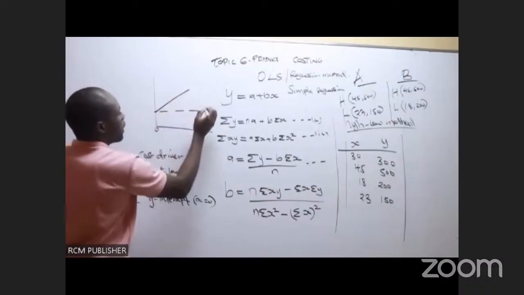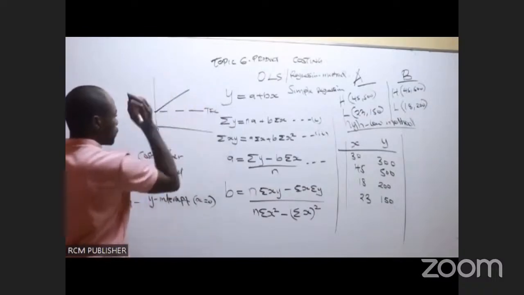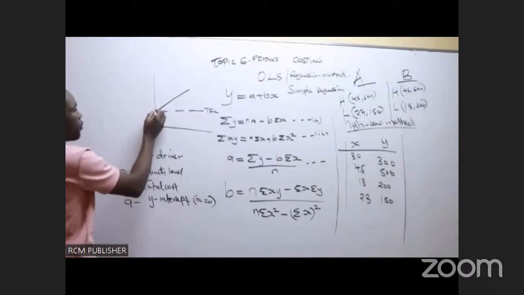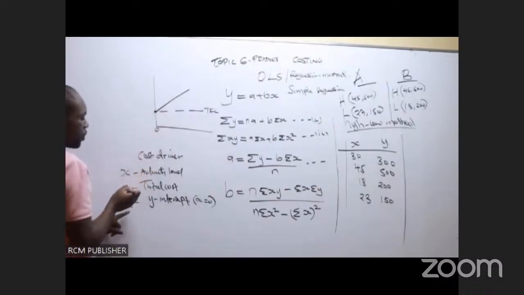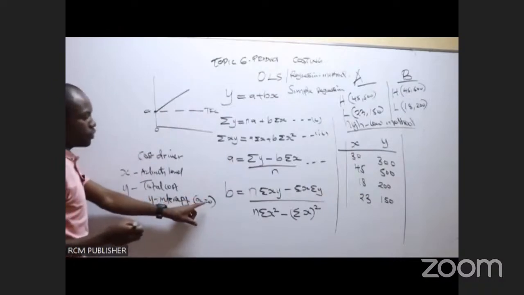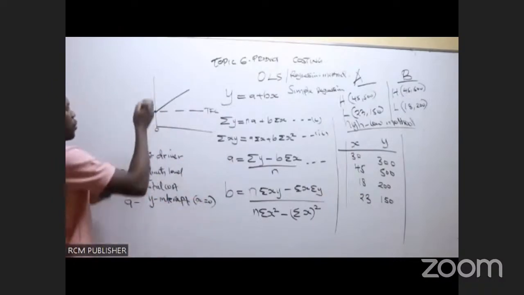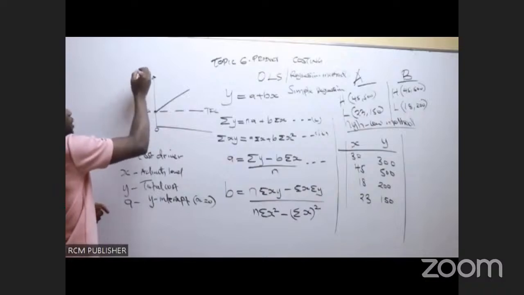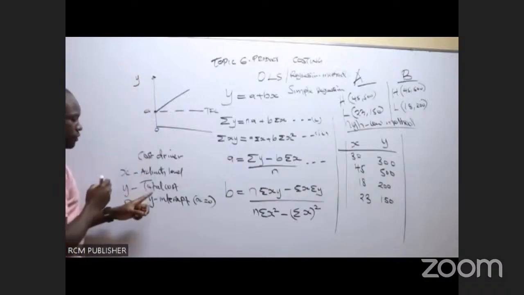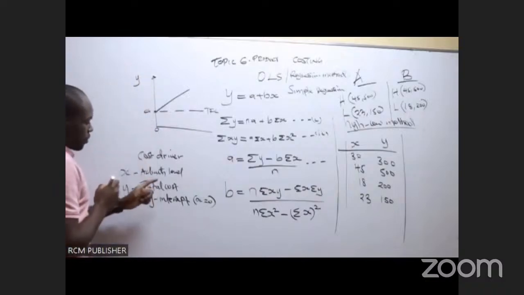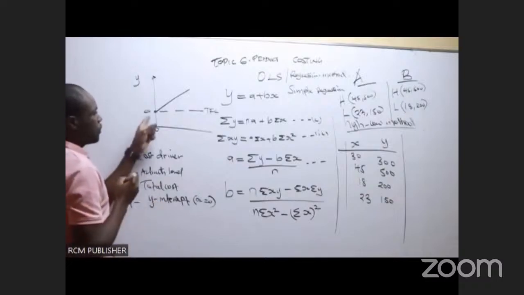Here, this is the total fixed cost. At this point, that's where we have the A. Y-intercept: when X is equal to 0, what is the value of Y? We call it the Y-intercept, the total fixed cost.